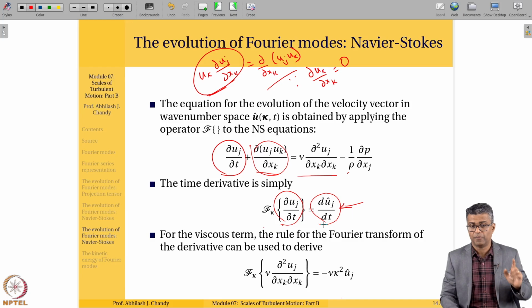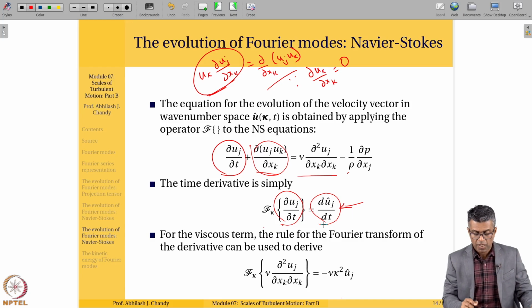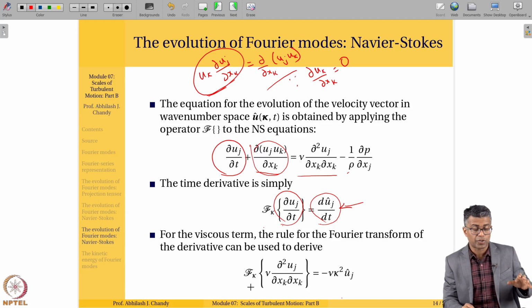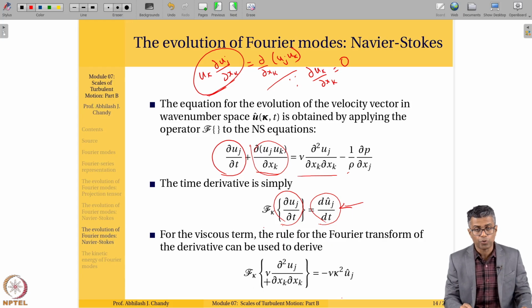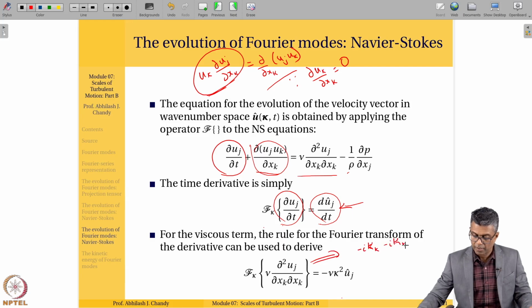I will start with the viscous term. The viscous term, if I am taking a Fourier transform of a double derivative, F_k of nu del squared uj over del xk. So derivative twice, which means I multiply by I kappa twice.